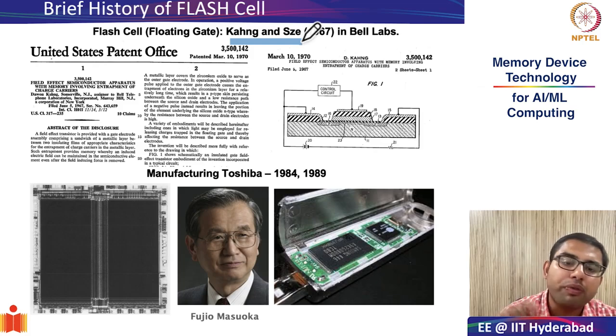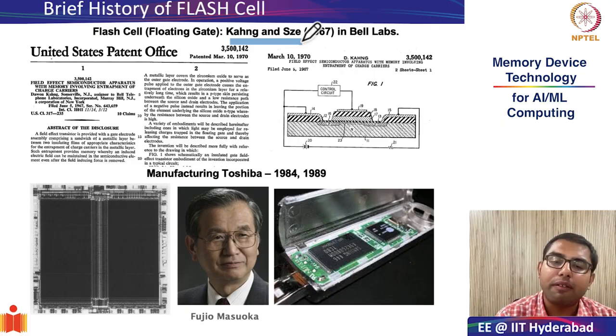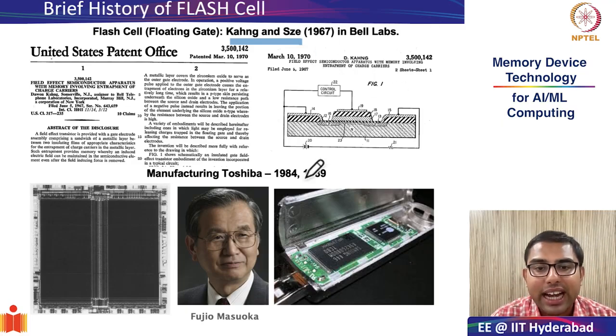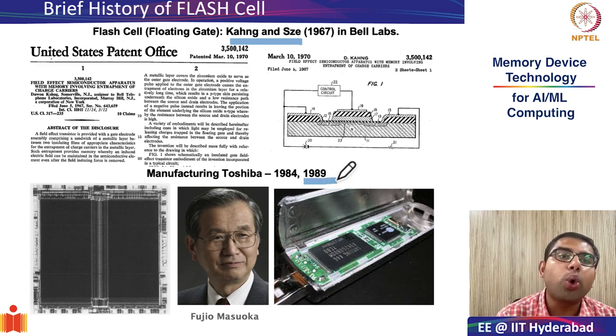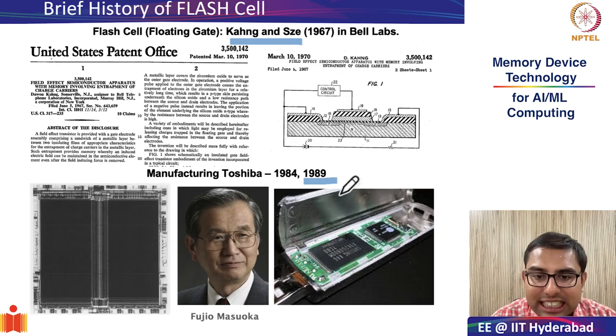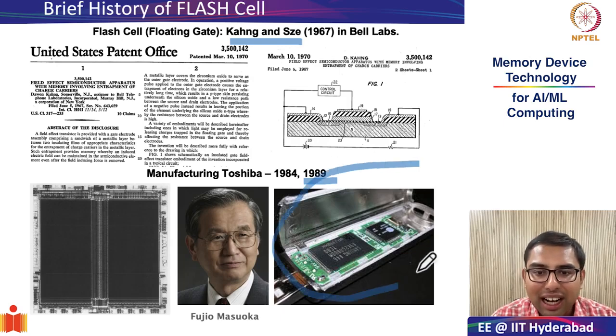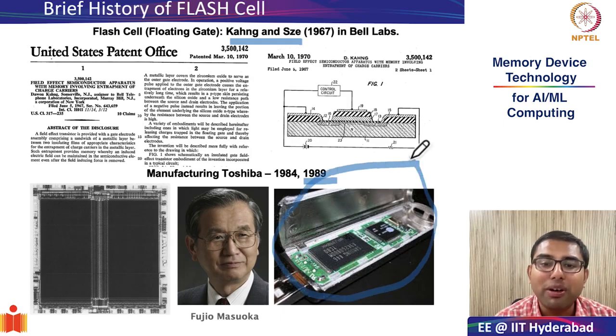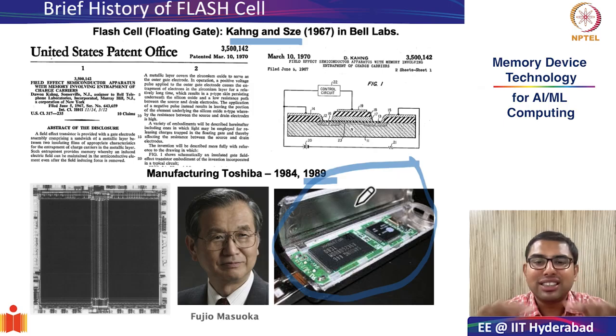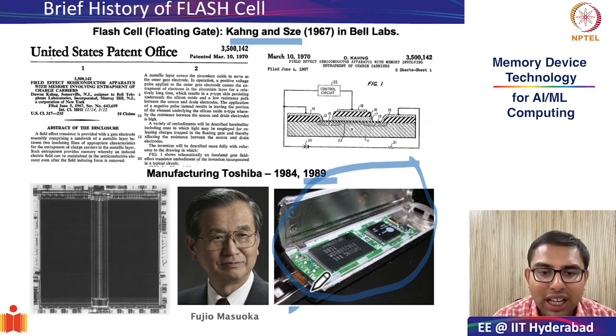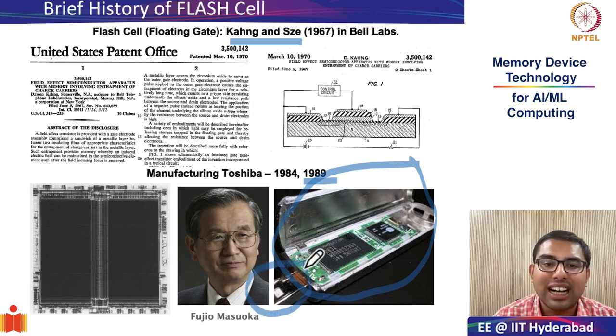In 1984, for the first time, they were able to fabricate the NAND flash cell. And by 1989, they were able to have these small pen drives which came out into the market. This is something that a slightly older generation will remember. A pen drive had a pen-like structure. One end had a USB connector jutting out of it.